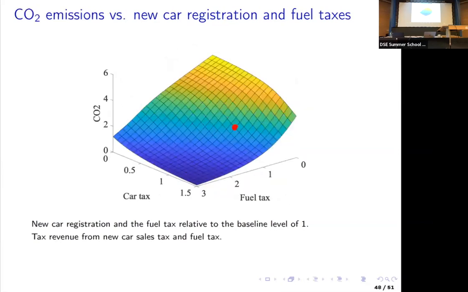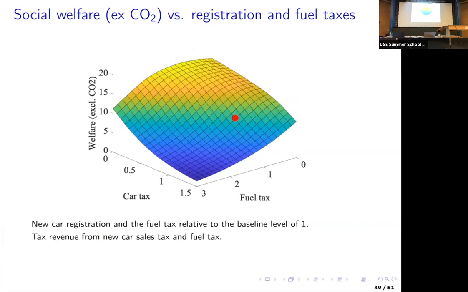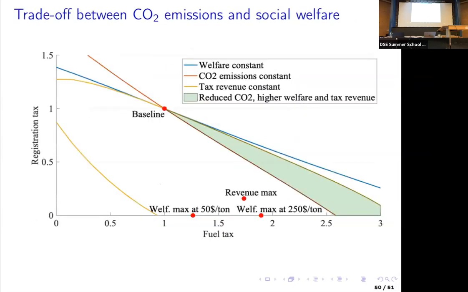But then you can make such plots for CO2 emissions, for example. What happens with the CO2 emissions when you change these taxes? This is all based on the counterfactual simulations of different equilibria. Or you can have a welfare measure, based on the estimates by the Danish Transportation Institute of congestion and other implications of driving. You have this other surface, and then you can combine them all.